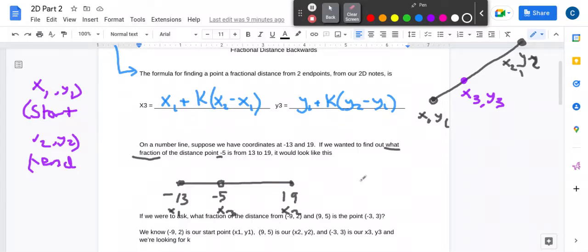Okay, so x3 is negative 5. Right, x3 equals x1, negative 13, plus k, then x2 minus x1, which is 19 minus negative 13, excuse me.